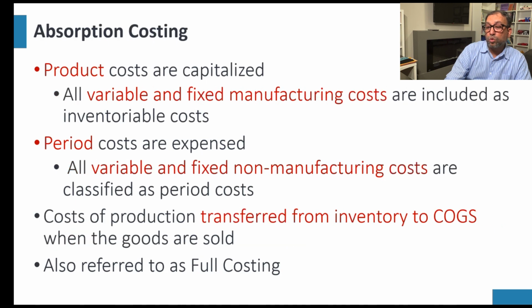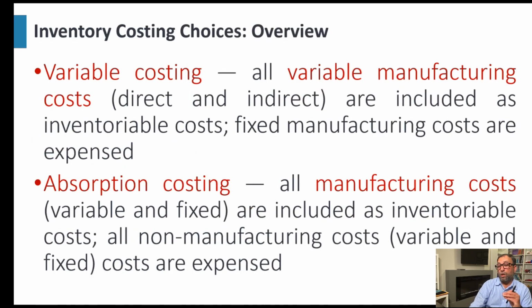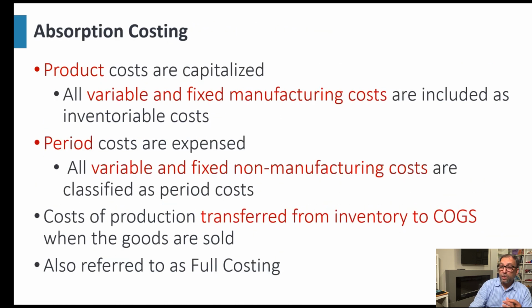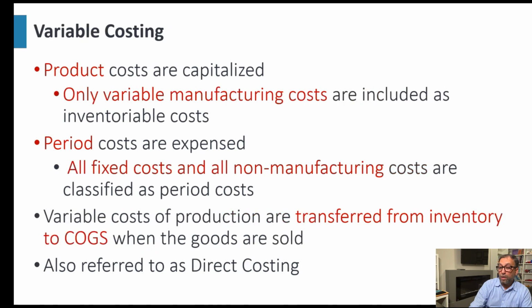So we use here two words, variable costing and absorption costing. And we further divide variable costing and absorption costing into two, the product cost and the period cost. The main difference between absorption costing and variable costing is that the period cost for variable costing has all fixed cost, whether it's manufacturing or non-manufacturing.